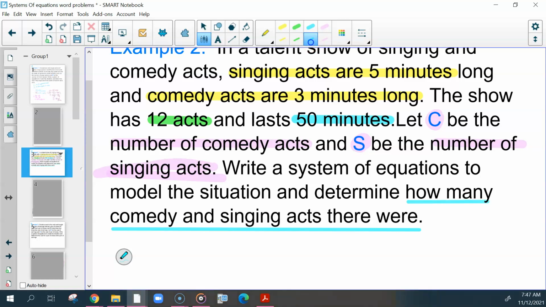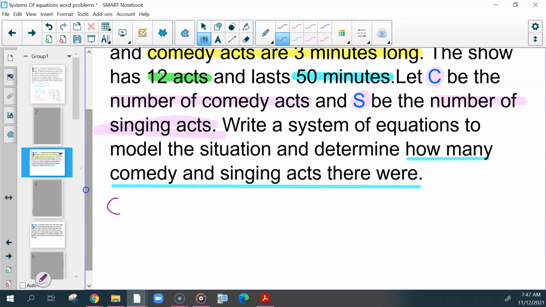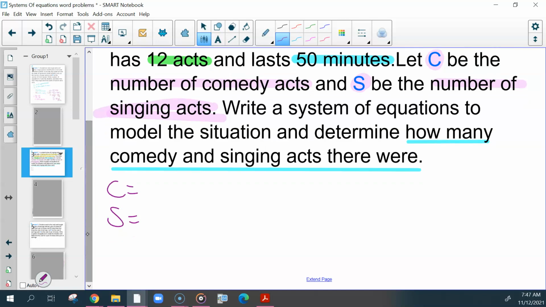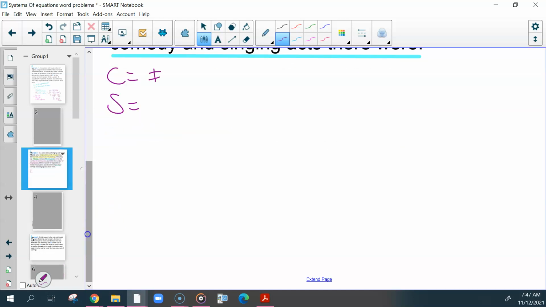So first things first, they define our variables for us, so let's write those down. C is the number of dancing acts, and S is the number of singing acts.